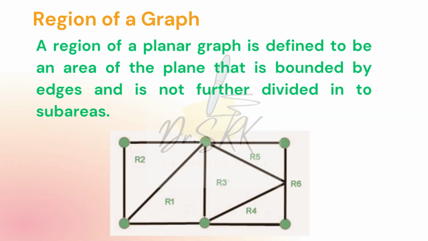what is the region of a graph. A region of a planar graph is defined to be an area of the plane that is bounded by edges and is not further divided into sub areas.